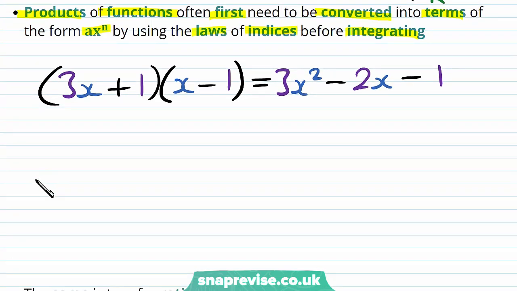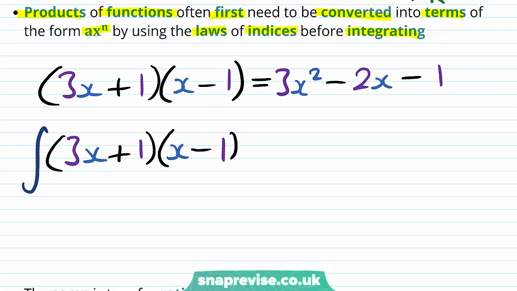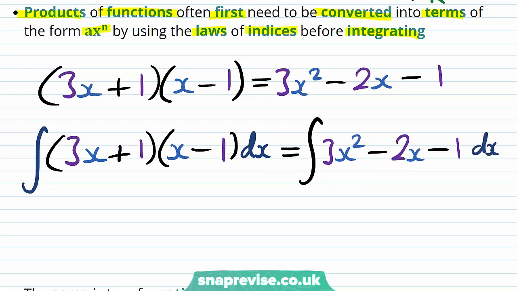So then if we wish to integrate this function 3x plus 1 multiplied by x minus 1 with respect to x, then it is sensible to first expand this out and get 3x squared minus 2x minus 1 integrated with respect to x. We put a bracket around this function, i.e. the integrand, because it is necessary to see exactly what we're integrating.